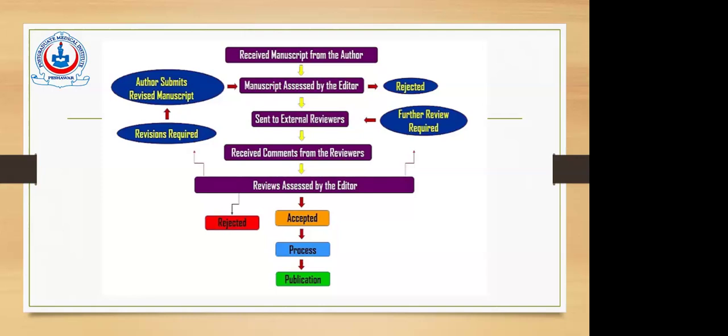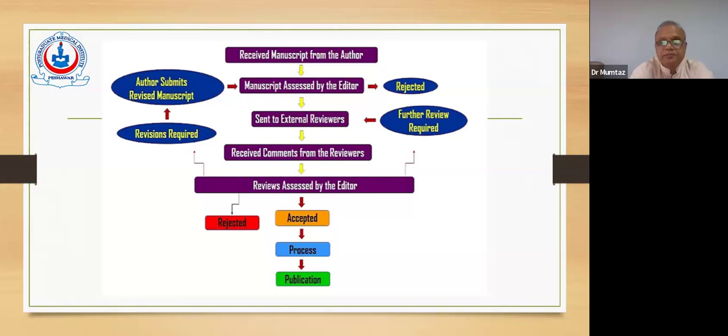The editor looks into the substance of that article, comparing it with the aim, scope, and standard of his journal, and either accepts it for a review or rejects it. This is called editorial rejection.